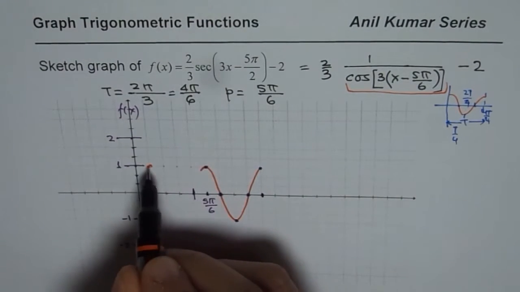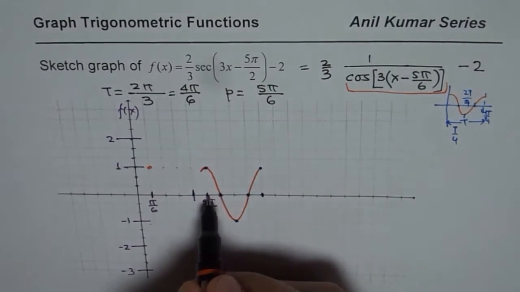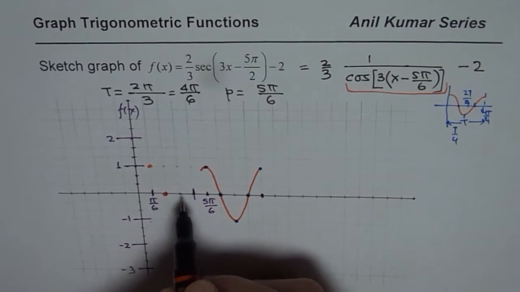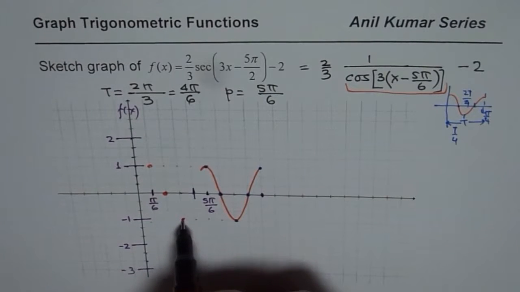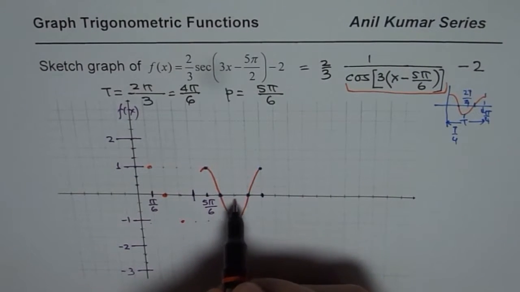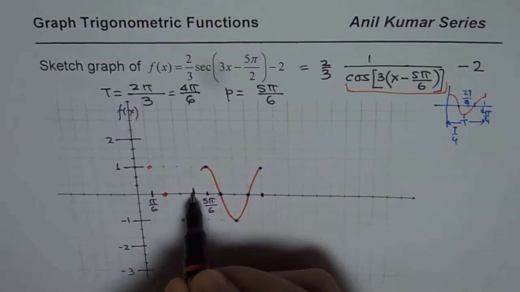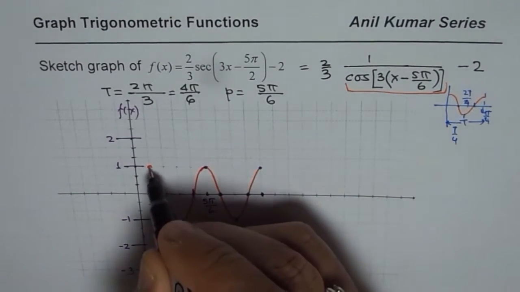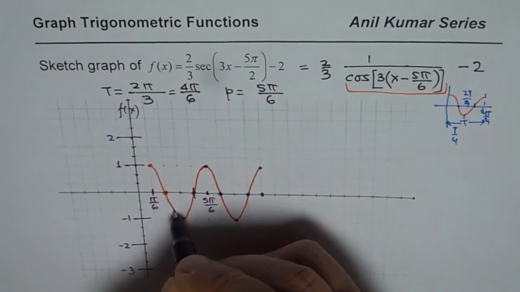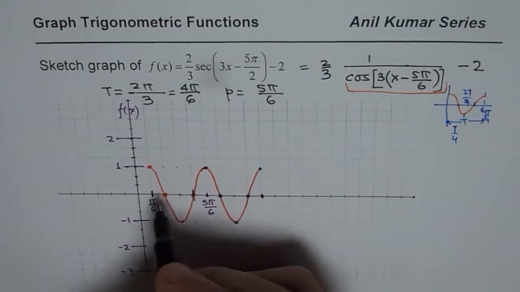So this point will come here, 1, 2, 3, 4. Next point, 1, 2, 3, 4, and then there. How easy it is.